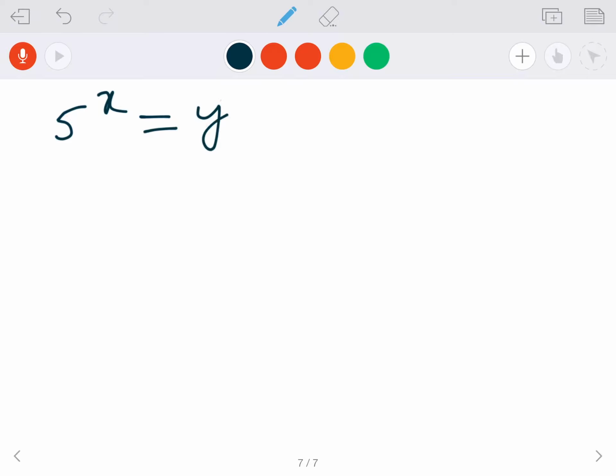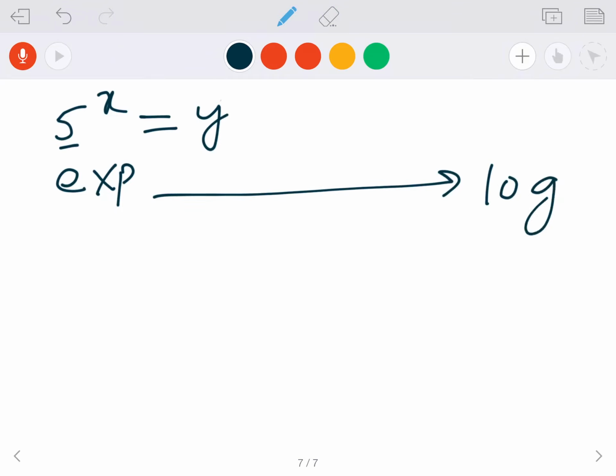Because we have a number on the base and a variable on the power. Now we need to change this exponential function to a log function, a logarithmic function.